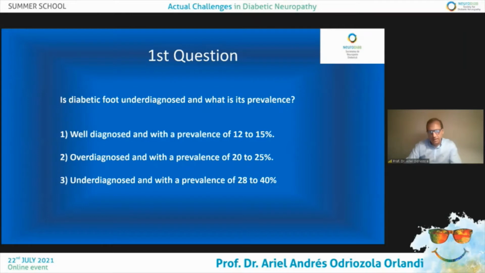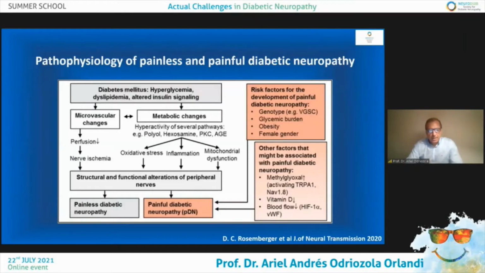Okay, I continue. This slide shows the pathophysiology of painless and painful diabetic neuropathy. Diabetes leads to several pathological changes in neuronal and vascular cells that can lead to structural and functional alterations of the neural system, which can result in diabetic neuropathy. Here we can see in the red area risk factors for development of painful diabetic neuropathy.